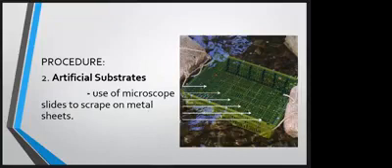It becomes slimy. Then all you have to do is use a microscope slide to scrape the metal sheets to collect them, and you can identify them directly under the microscope.